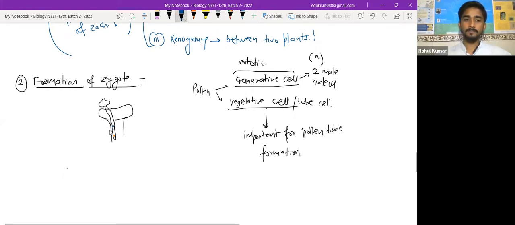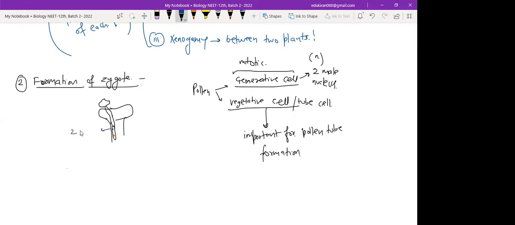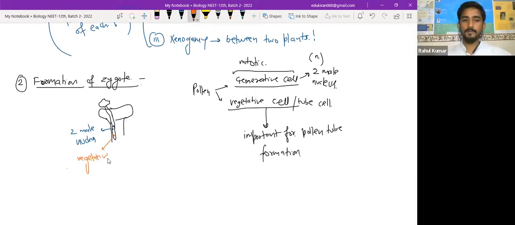Is it clear? How many nucleus in total? Total 3 nucleus. This is a vegetative nucleus. So in this tube, this is how it moves down.